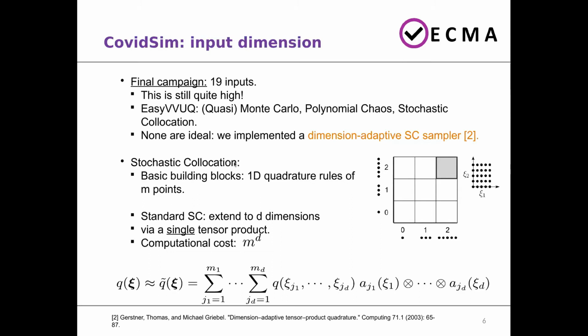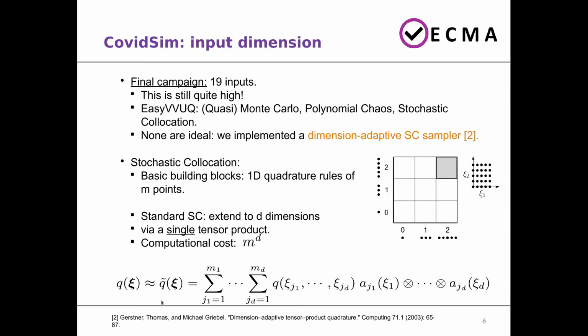But if you do standard stochastic collocation, the user has to specify the order of the quadrature rule. So in this case, for parameter 1 and parameter 2, I've selected an order of 2, which is a quadrature rule of 5 points. A tensor product of 5 by 5 gives you 25 points in your stochastic domain. And then you evaluate CovidSim, or whatever your code is, on each of these points.